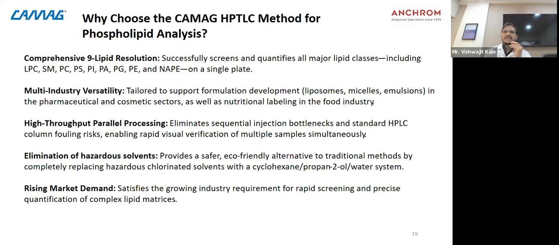There is rising market demand, as I saw in the poll also, and during our application support we are visiting pharmaceutical customers. There is a demand from the pharmaceutical industry, mostly cosmetic and food industry, for phospholipids. And to meet this demand, HPTLC plays a vital role as a rapid, cost effective and fast solution.